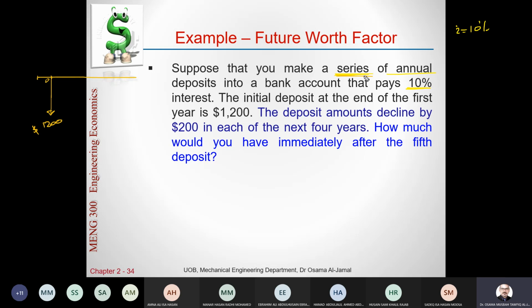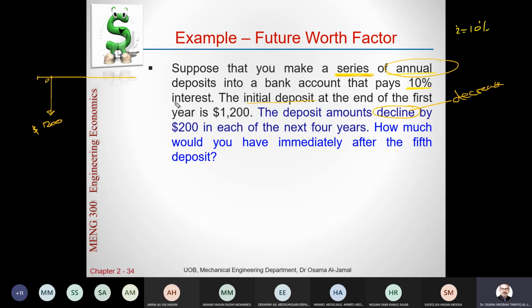Again, someone will say directly, what we have here is an annuity, a series of annual deposits. Just read carefully. It says the initial deposit at the end of the first year is $1,200. Now, what is it saying in the second part? The deposit amounts decline. They are decreasing now.